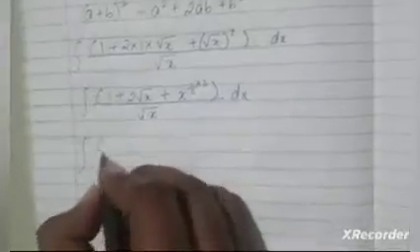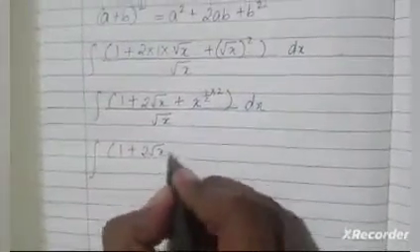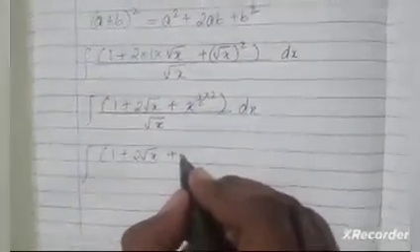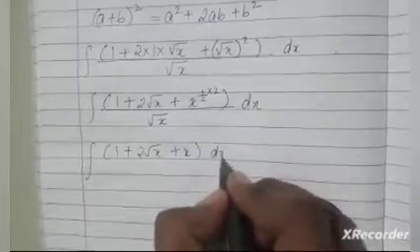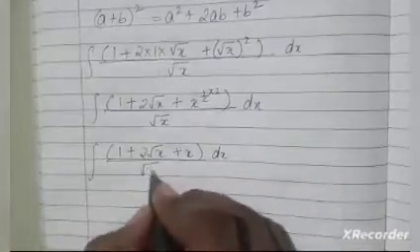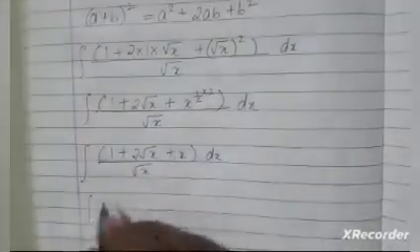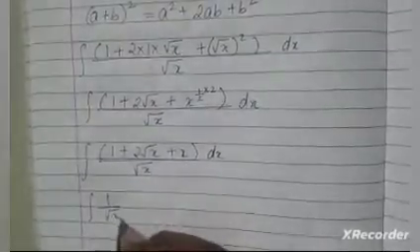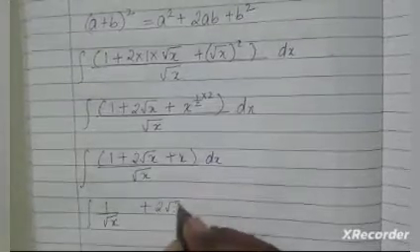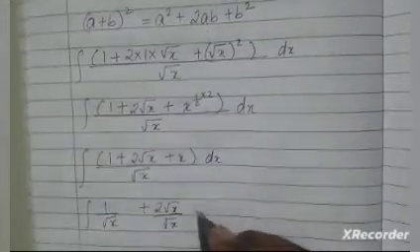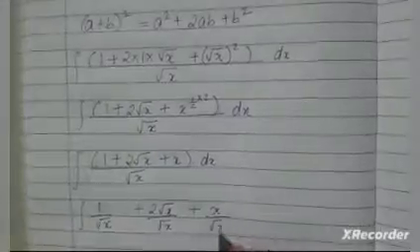Then integration of (1 plus 2 root x plus x) dx over root x. Now we will divide this root x into these three terms individually: 1 by root x plus 2 root x by root x plus x by root x dx.